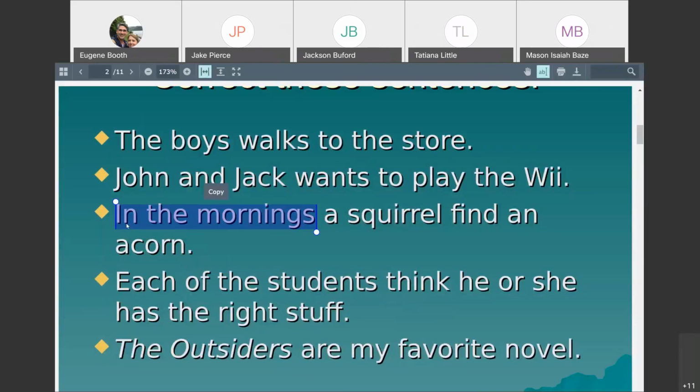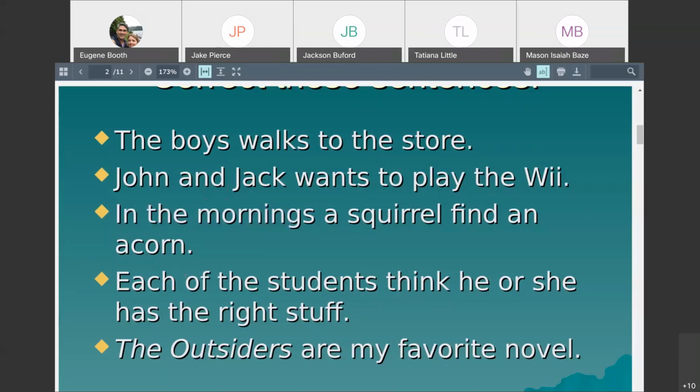And that's one of my big four. You ask yourself, in what? Well, the answer to this is in the mornings. All of that information right there is a prepositional phrase. I can get rid of all of it because I know my subject nor my verb will be found inside of a prepositional phrase.